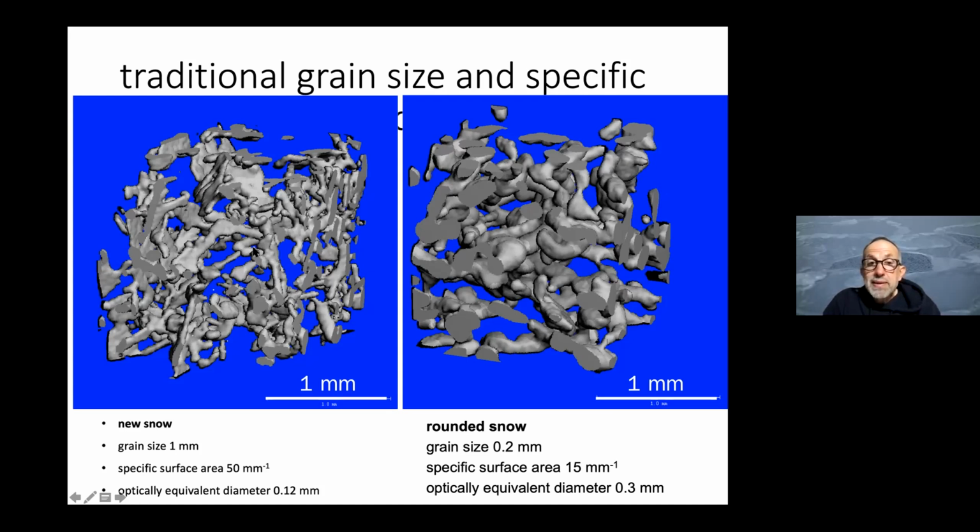That means this snow has a much higher albedo, reflecting much more light than this snow here. Not in the visible spectrum: in the visible, what we see as humans, these two snows would almost look the same, but in the near infrared, they look different.